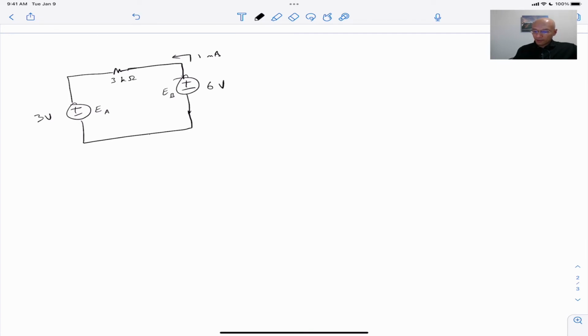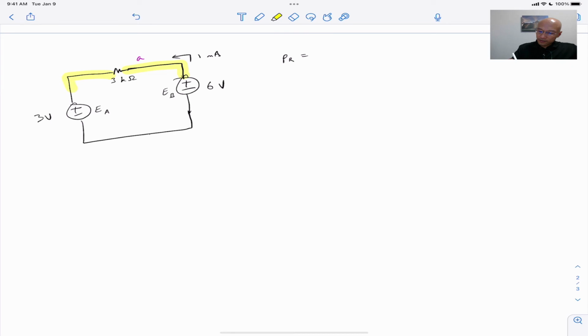Let's calculate the power delivered by each of these items. So power delivered to the resistor, suppose that I tell you that it's 3 volts across the resistor. How can I know that? Well, let's say that this node is going to be the high node.